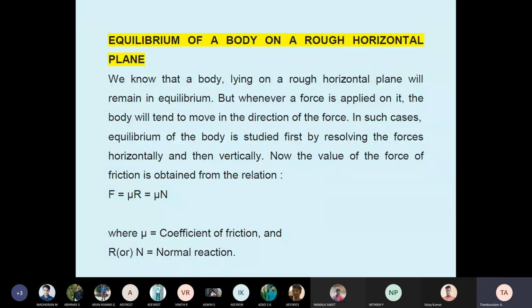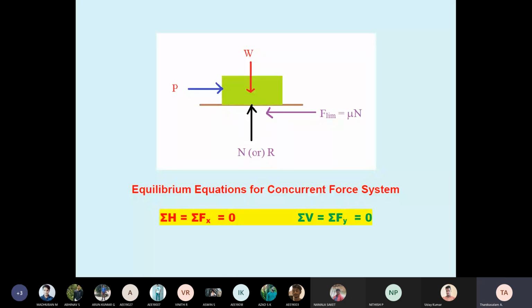Our title: equilibrium of a body on a rough horizontal plane. See here, one wooden block or body resting on a rough surface. Now I am applying the force P, the applied force, towards the right side. As per the concept, friction acts opposite, at the bottom, F, on the left side.